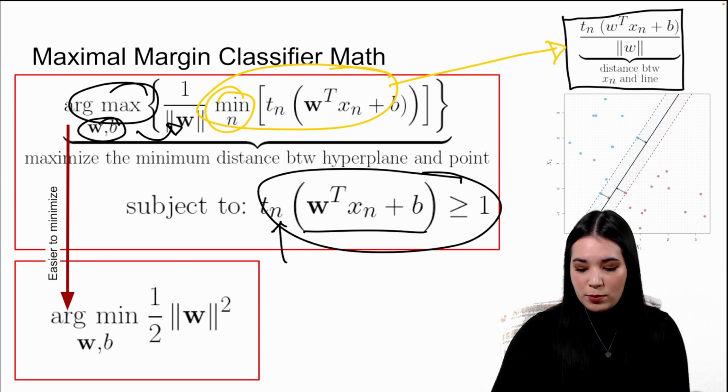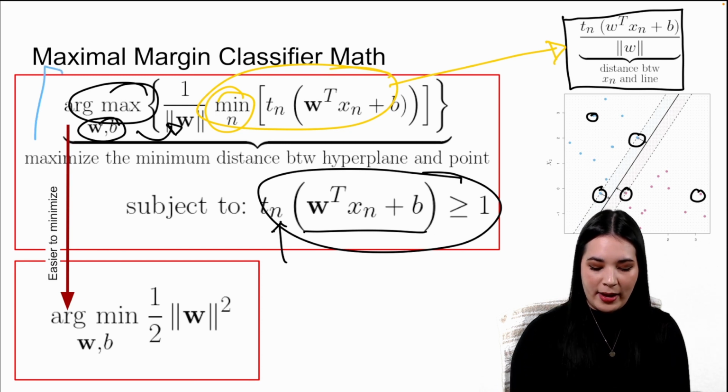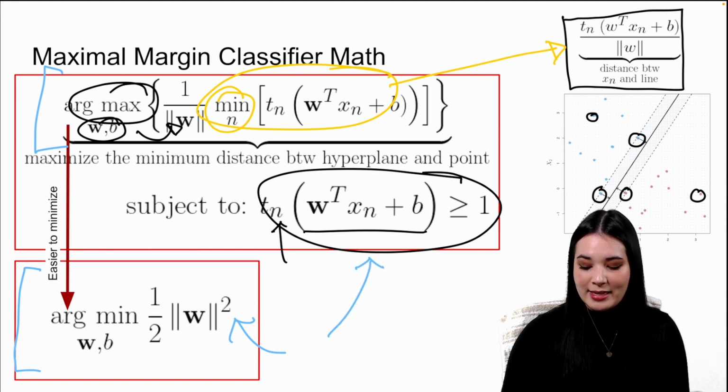Data points where it's equal to 1 are the ones that are actually on the margin, and data points for which this is greater than 1 are ones that are on the correct side of the hyperplane outside of the margin. Now, because the math is a little bit easier, instead of maximizing this function, we are going to minimize this function, which is essentially the same thing. So again, our goal is to minimize this function subject to the fact that this has to be true for every data point.